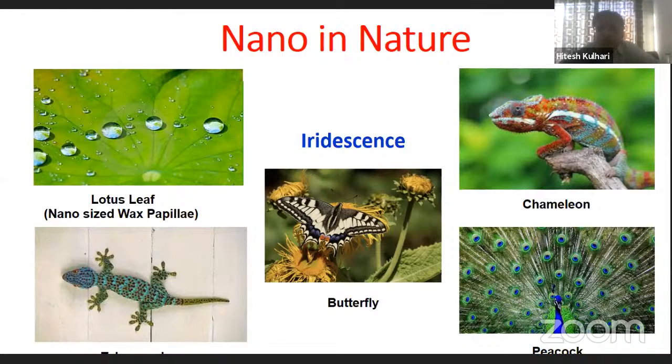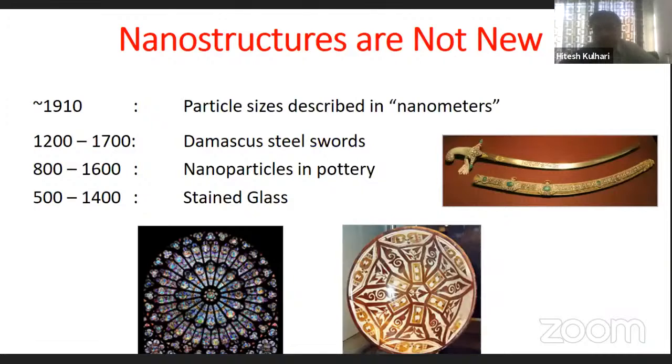So we can say that nanotechnology already exists in nature, and we are following nature. Our ancestors also knew this technology, these nanostructures. The term nanometer came into existence in 1910.